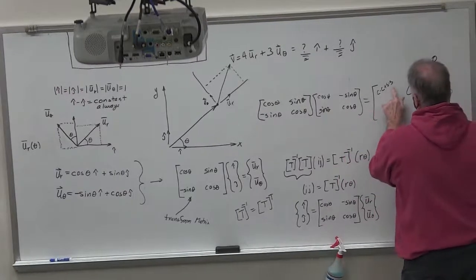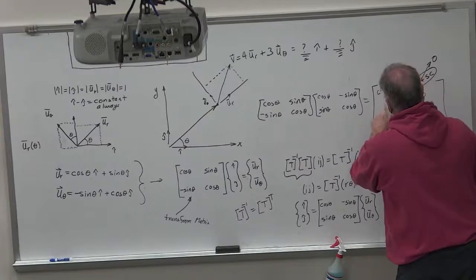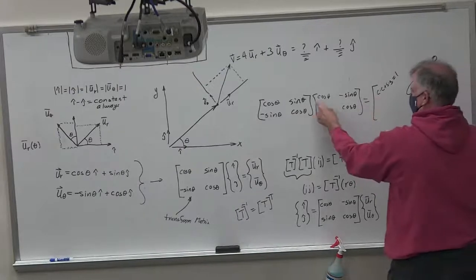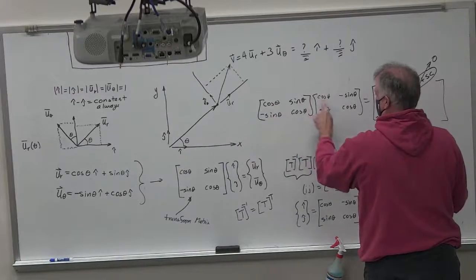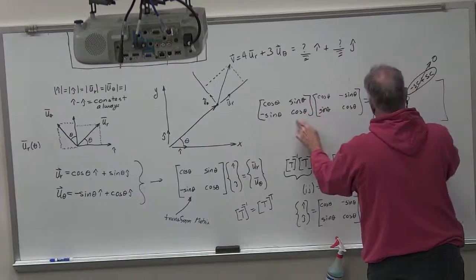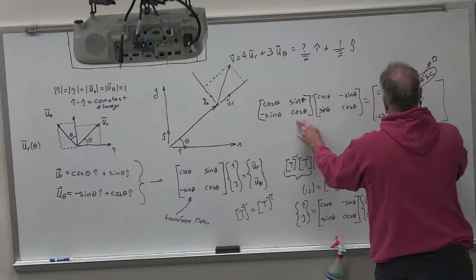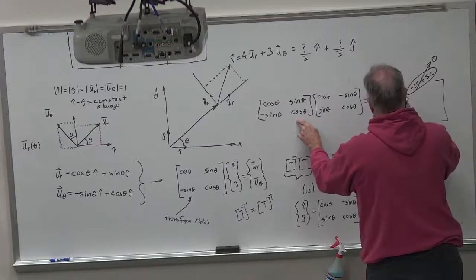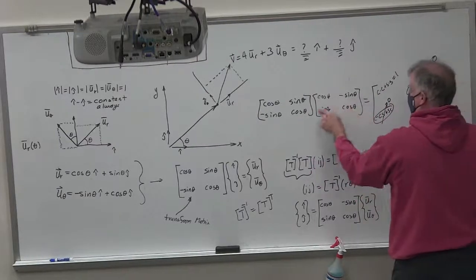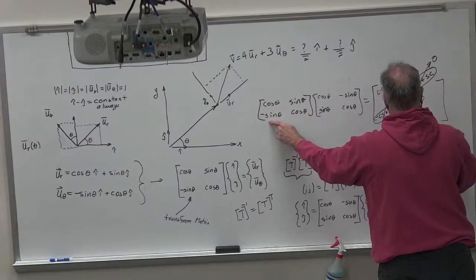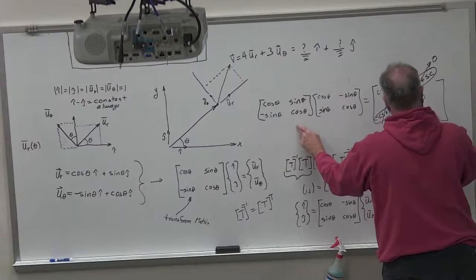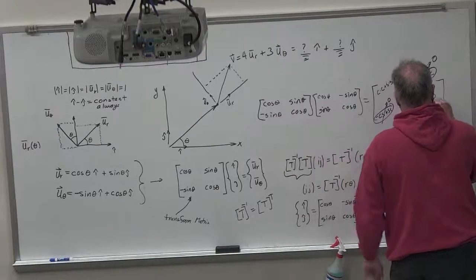Cosine squared plus sine squared by nature is always equal to 1. Then you take cosine times this, that would be minus cosine sine plus sine cosine, so that goes to 0. Take this one times that one: minus a minus sign is sine squared plus cosine times cosine, and that equals 1.